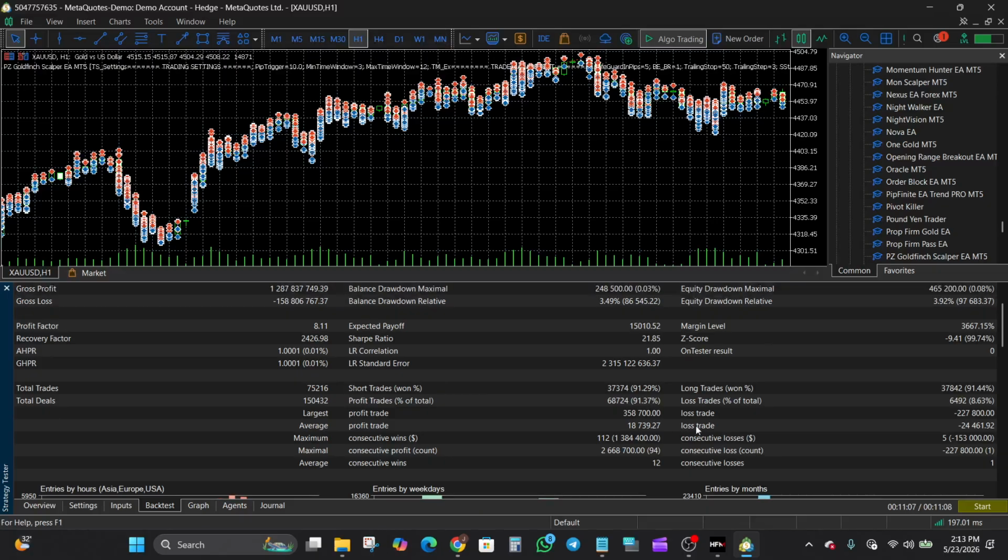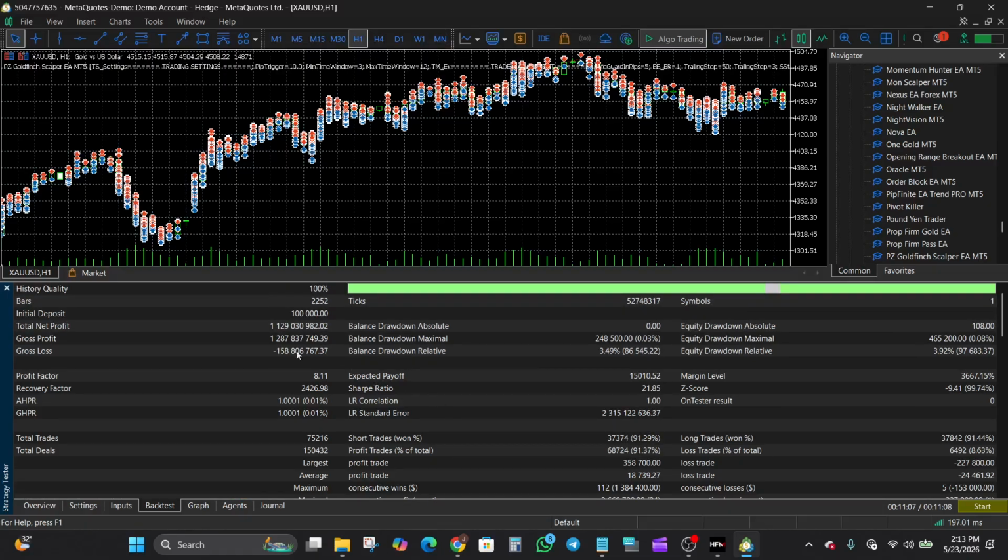What I'm trying to say is that the win rate kind of covered up for that. And it's no wonder that we had this massive total net profit. But like I said, historical backtest results are not a guarantee for future performance. So it's important not to interpret this as guaranteed future performance.